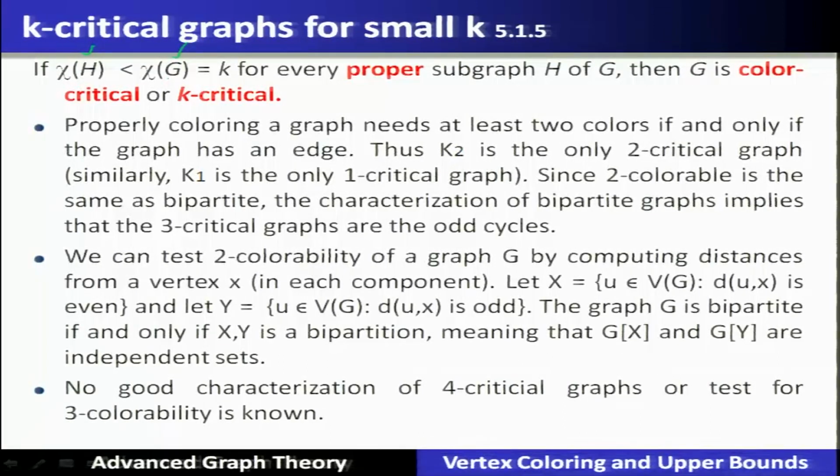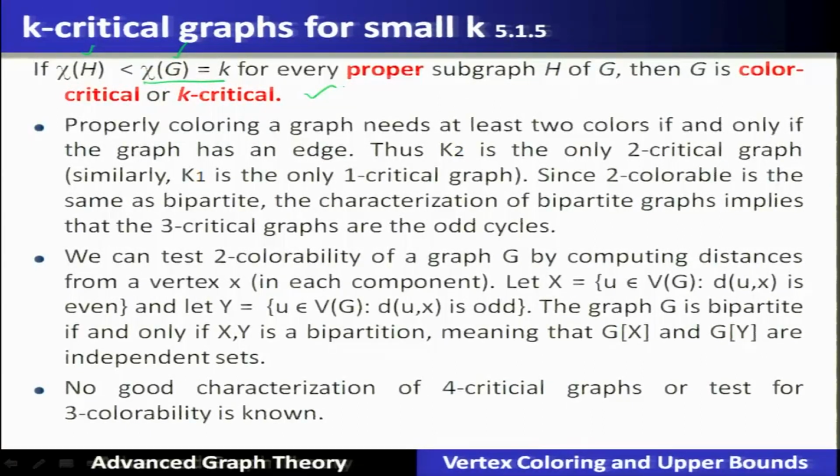So again I am repeating, let us take a graph G whose chromatic number is k, and every subgraph H of that particular graph has a chromatic value less than the chromatic value of G, then G is color critical or it is called k critical.